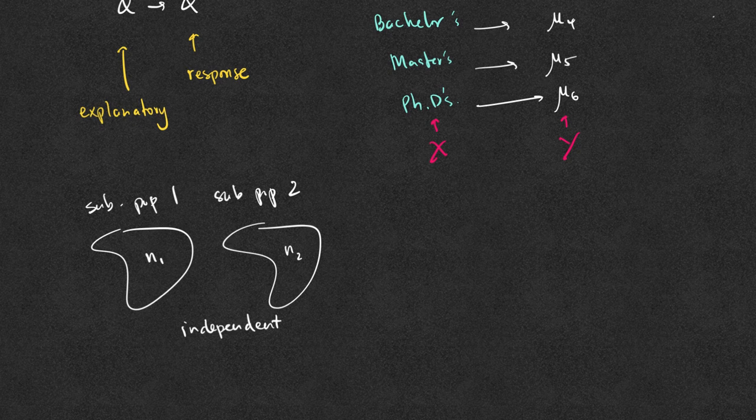We would compute the mean for the first sample, x1 bar, and the mean for the second sample, x2 bar. But remember, in inferential statistics, we want to say something about the population, meaning we want to infer something about mu1 and mu2. And this is when we have independent samples.